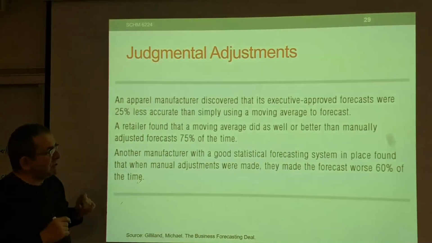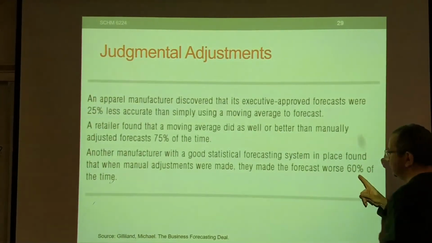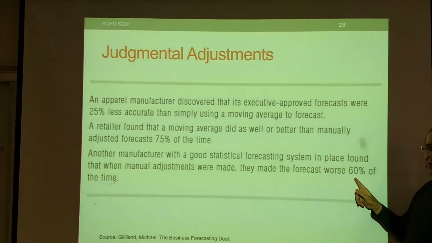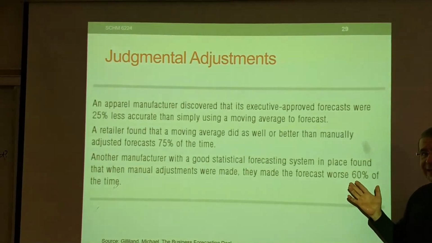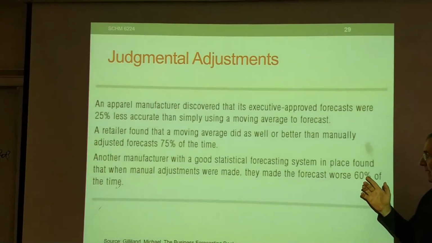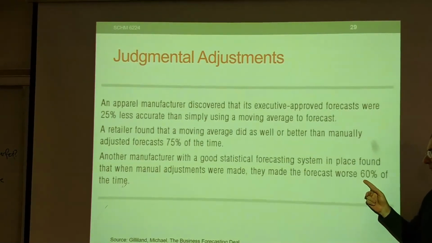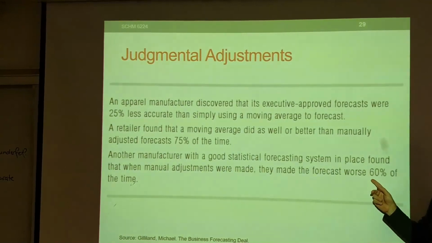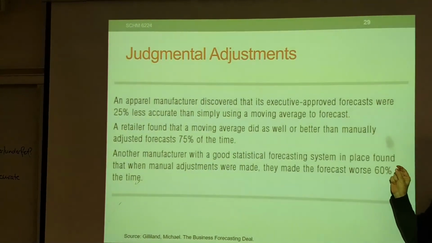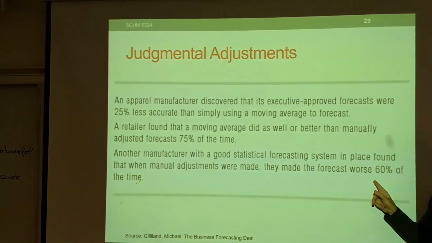Let's say they say, well, if you touch the forecast, the accuracy will decrease 60% of the time. That sounds bad, but how much does it decrease by? The accuracy will decrease 60% of the time, but it may decrease a tiny, tiny amount. They don't tell you how much the accuracy decreases.